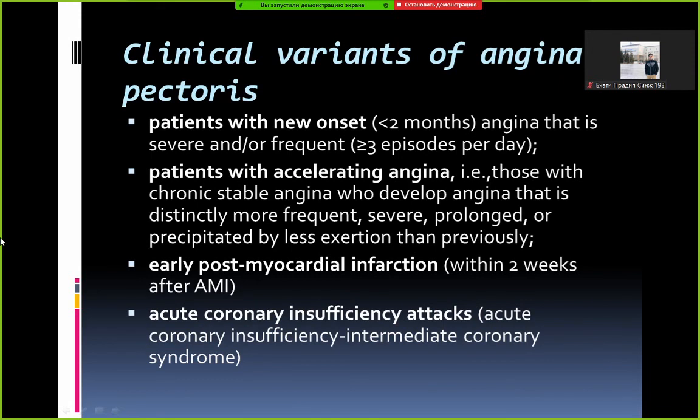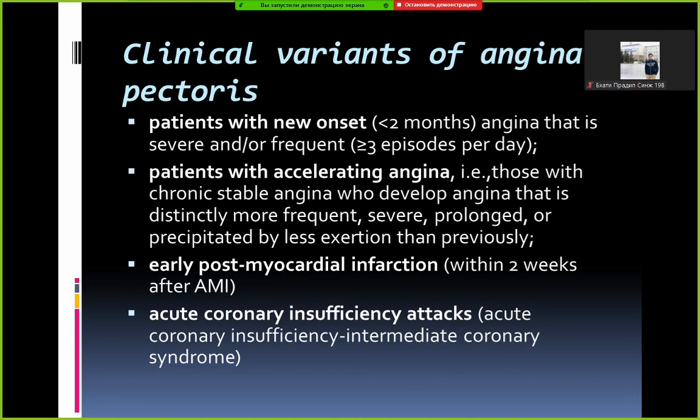Clinical variants of angina pectoris. Patients with a new onset, less than 2 months, angina that is severe and/or frequent, more than 3 episodes per day.